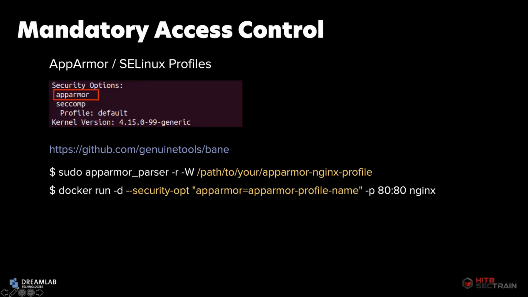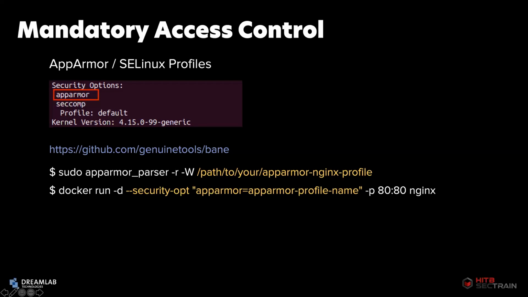Bane is a tool to generate custom AppArmor profiles for Docker containers. We can create one and load it on our system with this command, and then apply it to a container using the security option flag.